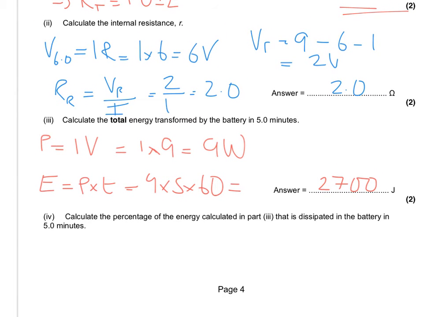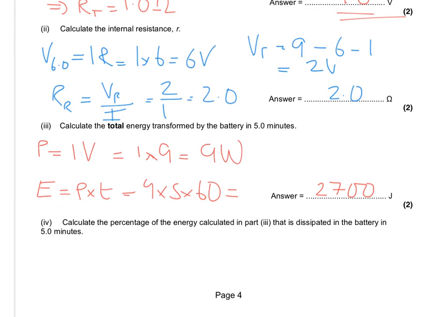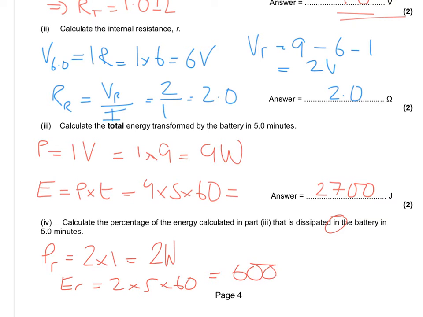Okay. So we want to calculate the percentage of energy that's dissipated inside the battery. So you see here it's dissipated in the battery rather than outside the battery. So in the battery, remember we had a potential difference of 2 and the current is 1, so we're going to get 2 watts, which over 5 minutes, so the energy dissipated in R is going to be 2 times 5 times 60, which gives you 600 joules.